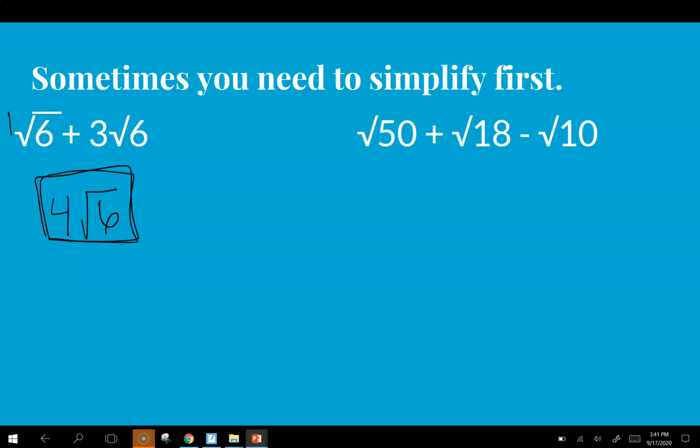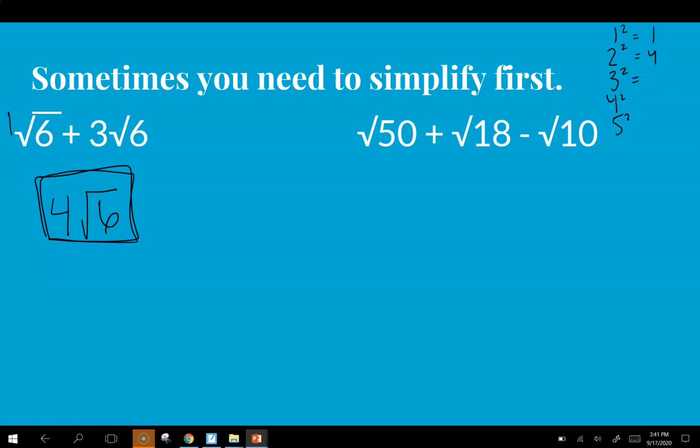Our next one, square root of 50 plus the square root of 18 minus the square root of 10. All right, so what's nice is they're all square roots, so maybe I can combine something along the way. I also know that they are not simplified. So we're looking for squares, and again, if you're not sure what your squares are, I would write these down somewhere to kind of have handy.